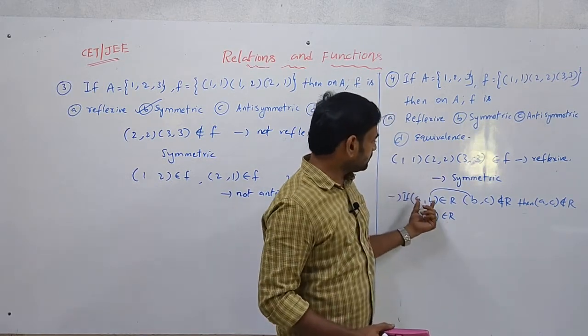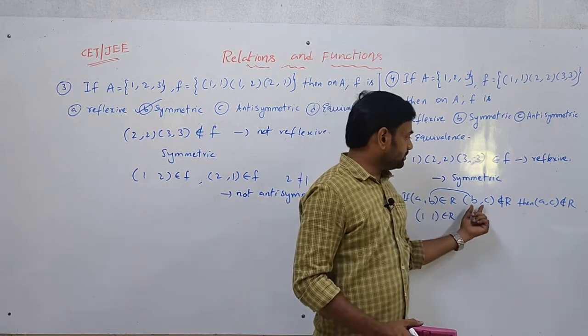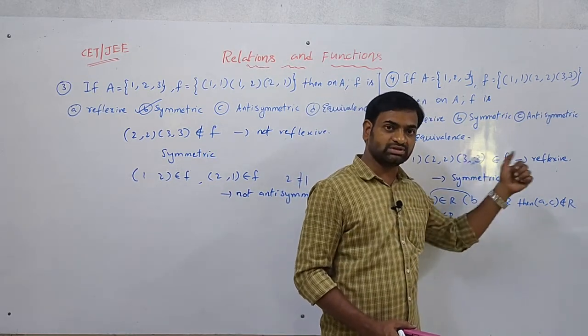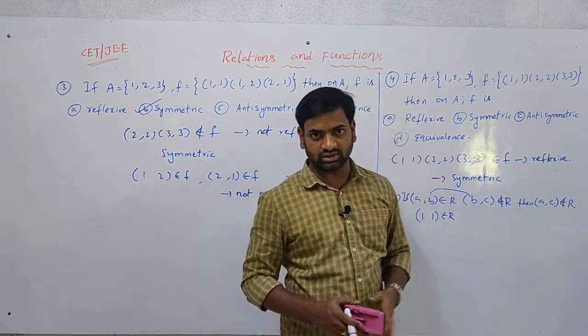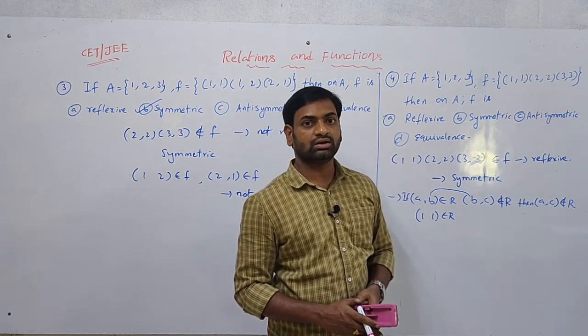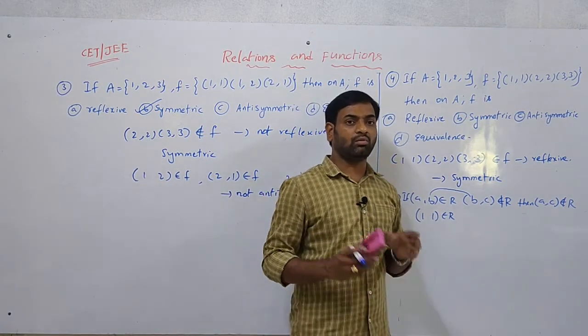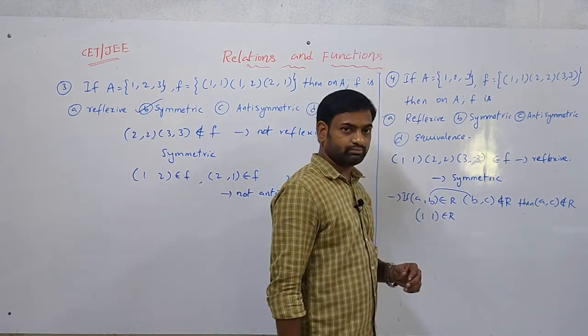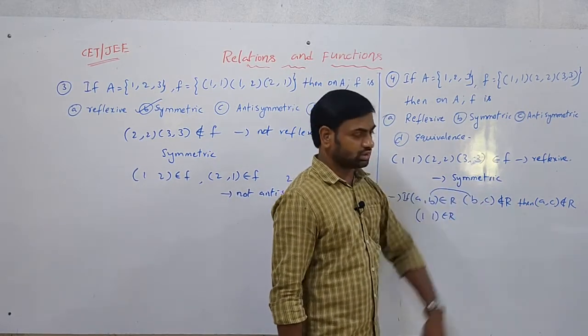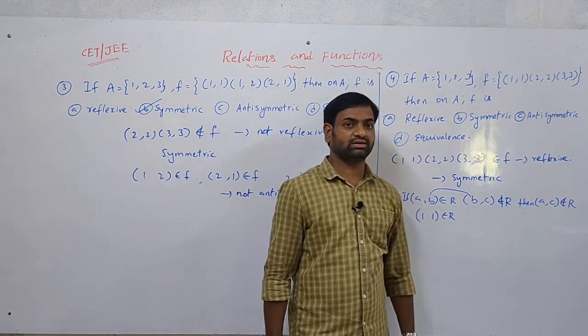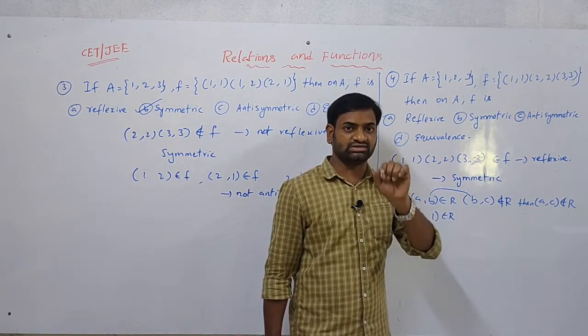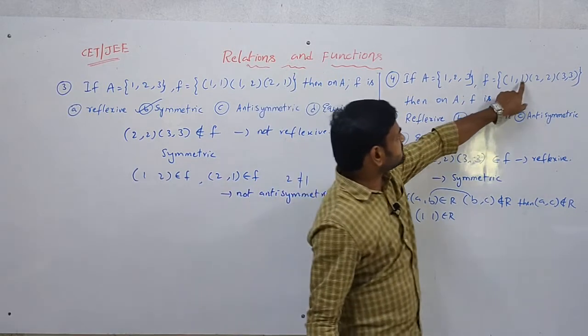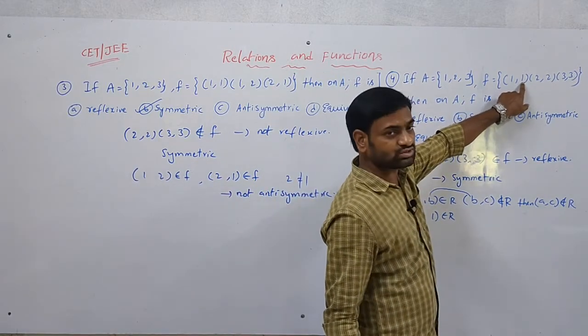Actually, if (a, b) belongs to R and (b, c) belongs to R, then (a, c) belongs to R is the normal thing. But the tricky part is when (a, b) belongs to R and (b, c) does not belong to R. That means the second ordered pair does not exist. Here the second element is 1.